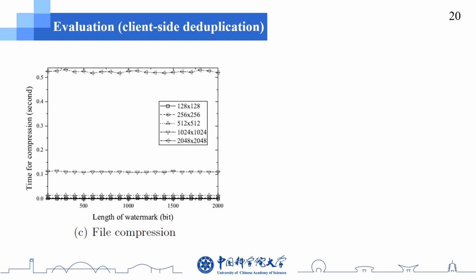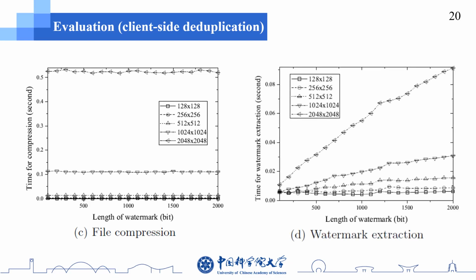The compression time is depicted in figure C, which mainly depends on the file size. And as shown in figure D, when the file size is fixed, the time for extracting the watermark bit string grows linearly with the watermark length. In addition, for a fixed watermark length, the computational overhead for extracting the watermark bit string grows with the file size, since the extracting process requires retrieving the entire file.